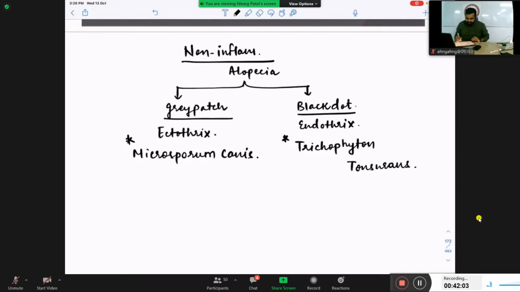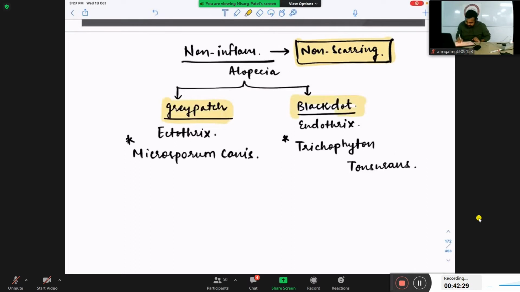So as you can see, it is non-inflammatory. There is no damage to the scalp skin. So it is non-scarring. So remember, you will see many MCQs being asked: what are the types of non-scarring alopecia? So these are the two types which cause non-scarring alopecia: gray patch and black dot.